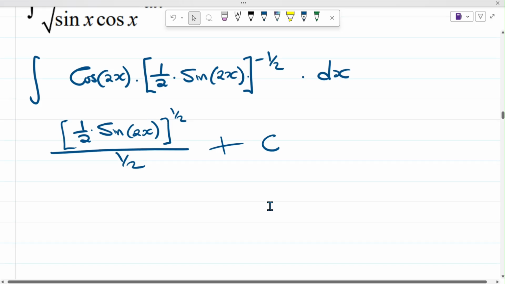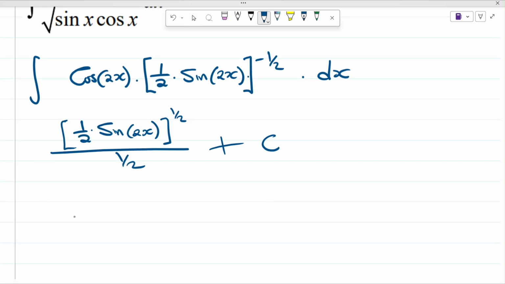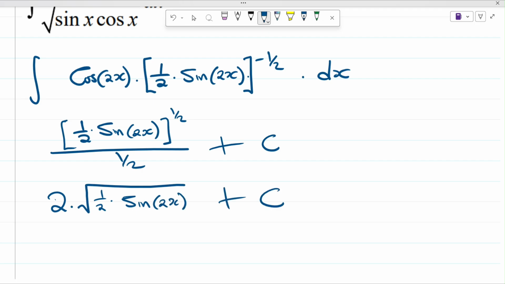One could say, I want to simplify this, so here you have square root of 0.5 divided by 0.5. This could just become square root of 2, of course. So here one could just say this is the same as 2 multiplied by the square root of 1 over 2 sine of 2x plus c. Then ta-da, you have your answer there.